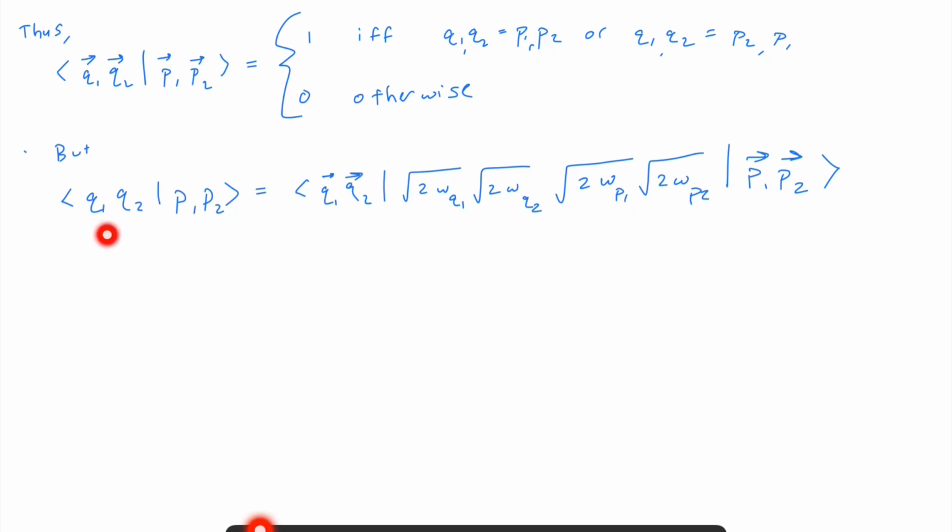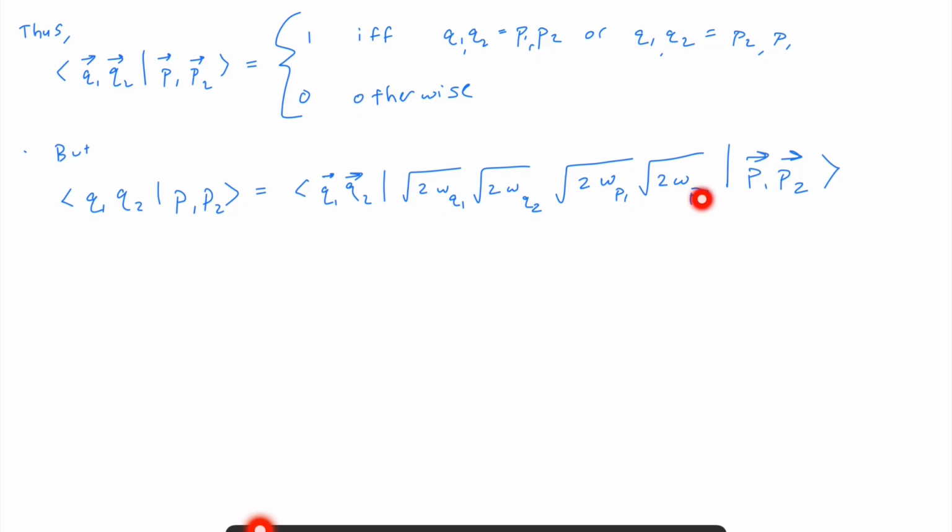This one relativistically normalized is this non-relativistically normalized Q1, Q2 with the arrow, and then I add the factors here of square root of 2 omega Q1, square root of 2 omega Q2. This is relativistically normalized by taking the non-relativistically normalized state and multiplying with these appropriate factors. And I do the same thing with P1, P2: I have the arrows plus the relativistic normalization factors to give me this.